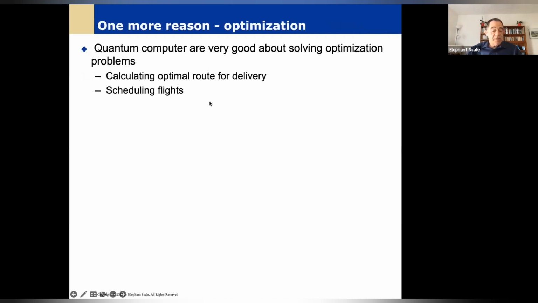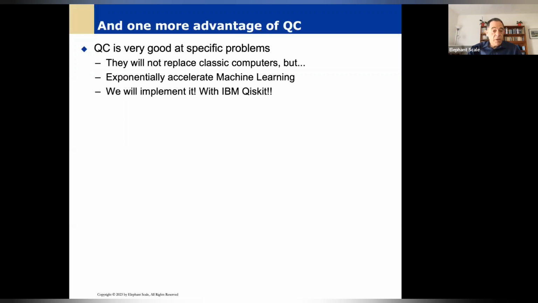Another thing that is very good for quantum computing, but honestly, nothing works as yet, is finding optimal routes for delivery. Because very often there is no algorithm, no formula, and you have to go through all the combinations. Well, what is better for going through all the combinations if not quantum computing? That's another reason.